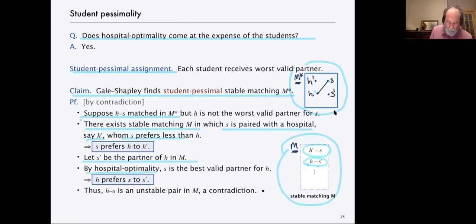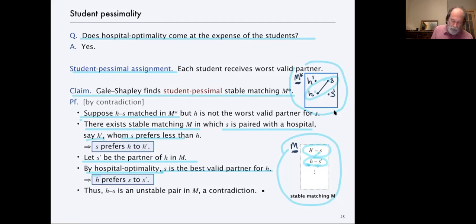We know that by hospital optimality, which we proved last slide, S is the best valid partner for H, because this is the output of the Gale-Shapley algorithm. That means H prefers S to S prime.